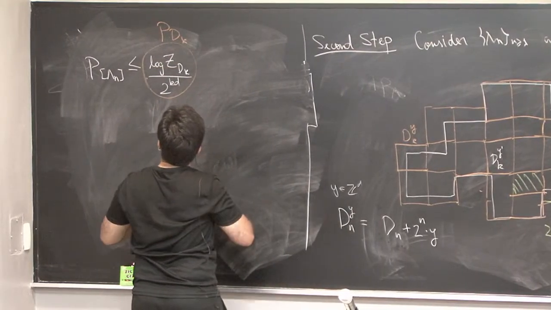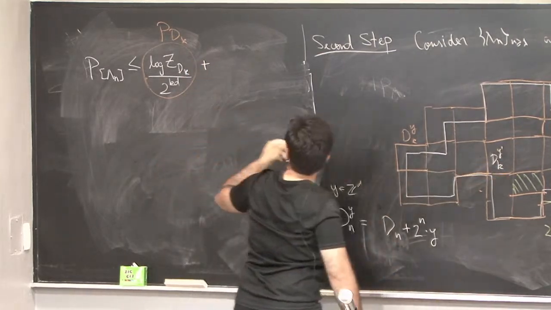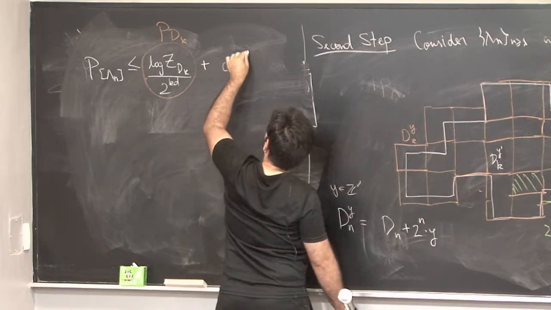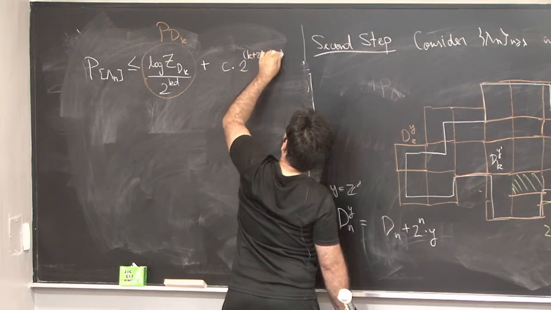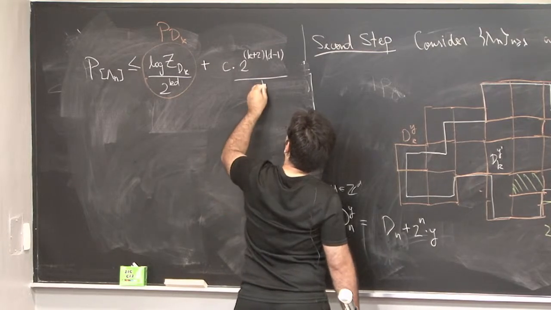Oh, no, sorry, the pressure, plus the a also cancels out, and it remains c times 2k plus 2d minus 1 over 2kd.